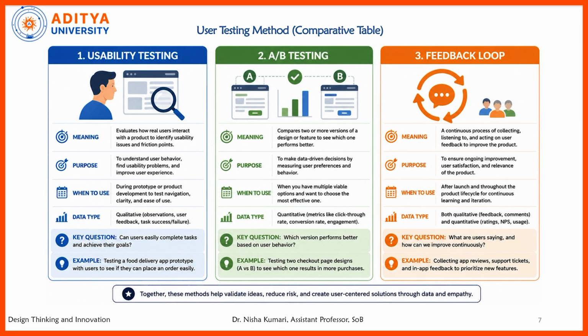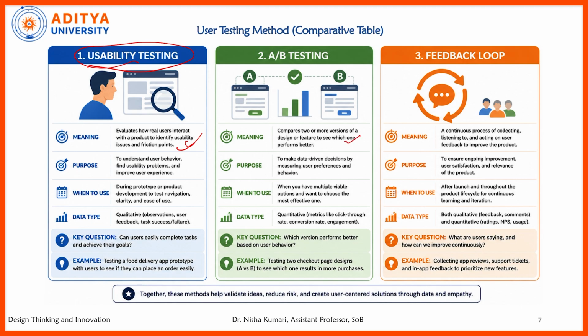So if you talk about it wholesale, usability testing shows how real users interact with the product, and it identifies usability issues, whether they are facing any kind of complexity, errors or difficulty while they are using our product or service.